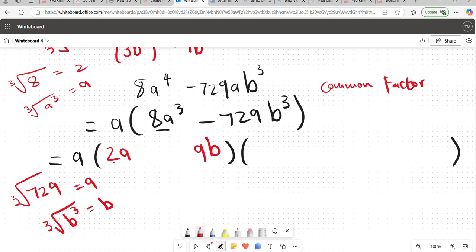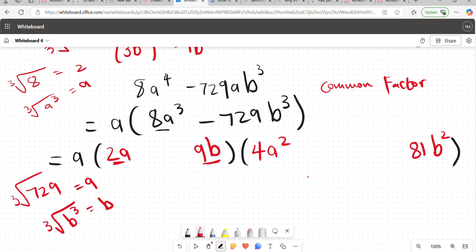Then I take that 2a, I square it, and I get a 4a squared there. I take that 9b, I square it, I get an 81b squared there. And again, how did I say we get this middle term? Pause the video, do it yourself, see if you know.